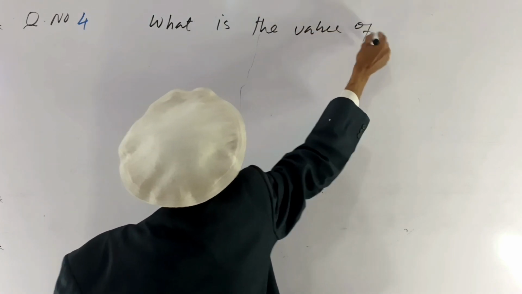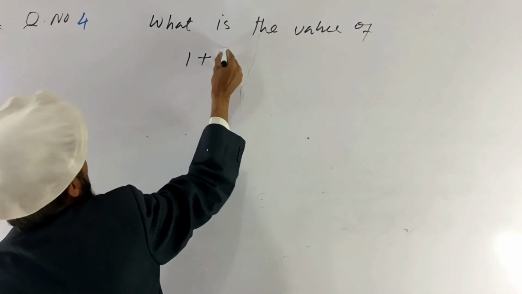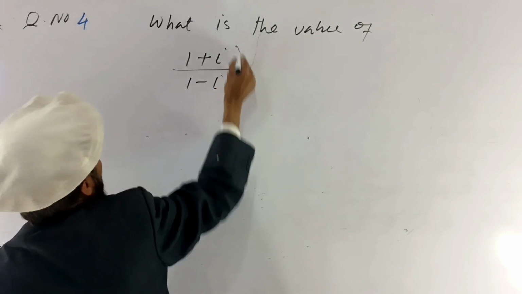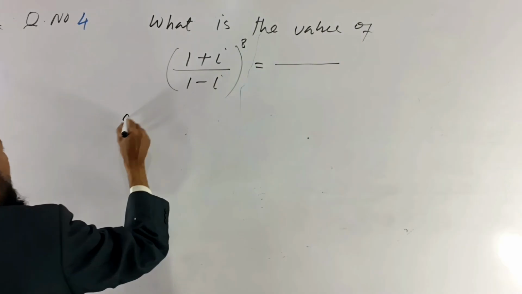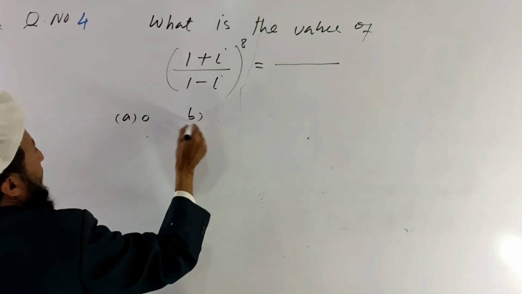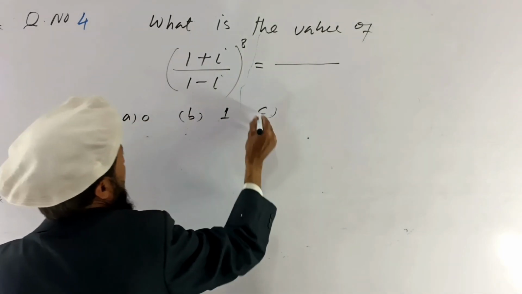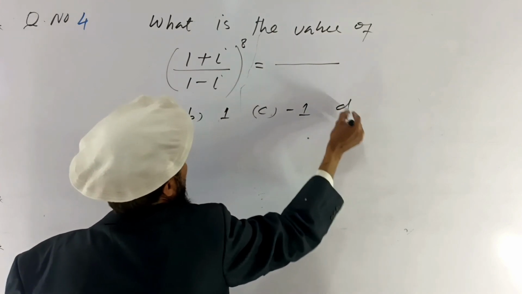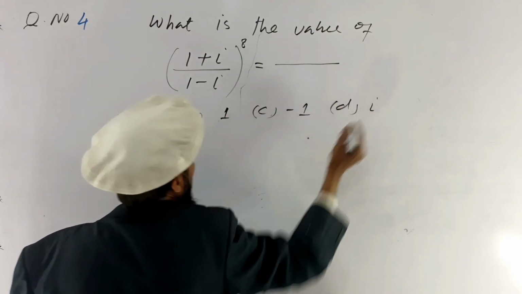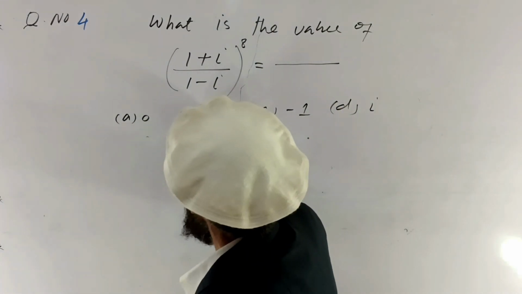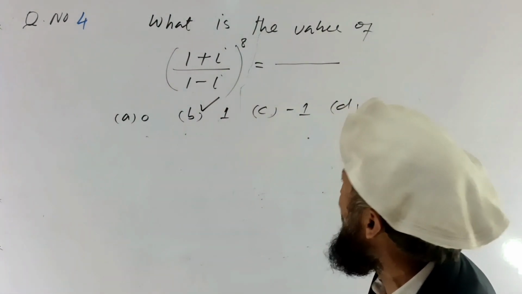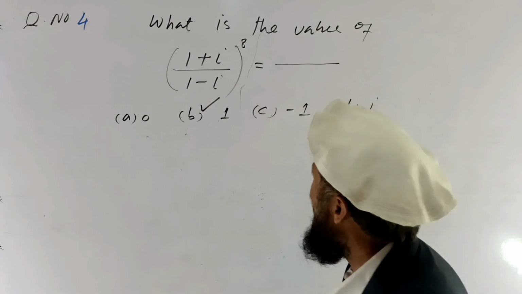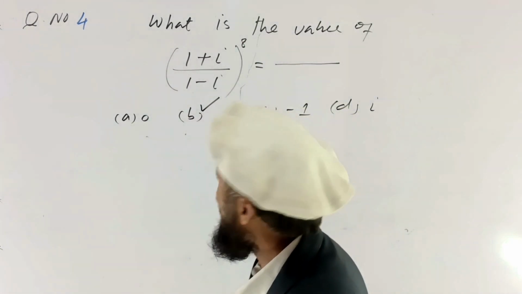The value of (1 plus iota) divided by (1 minus iota) whole power 8. What is the result? A is equal to 0, B is equal to 1, C is equal to minus 1, D is equal to iota. The correct answer is B, 1, because the power is an even number, as we have already discussed.